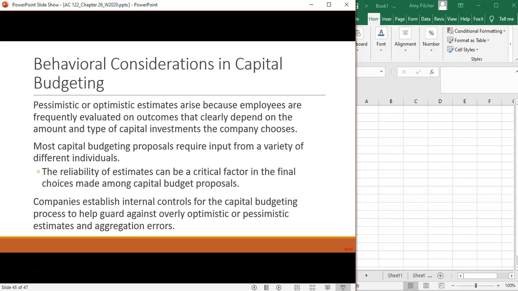We also need to consider that capital budgeting proposals occur over a great number of years. So we have to get a lot of input from different individuals. It's not just making a decision based on financial factors, but we have to cover other things.